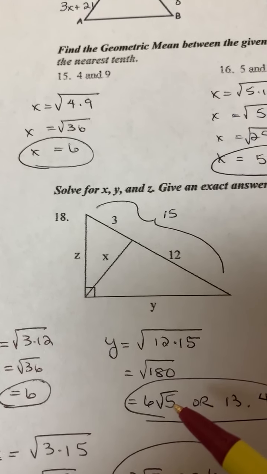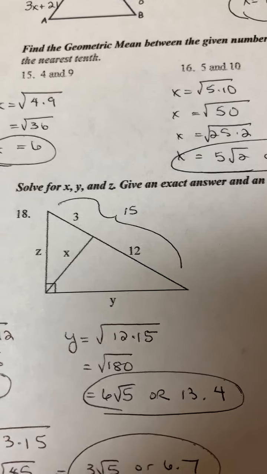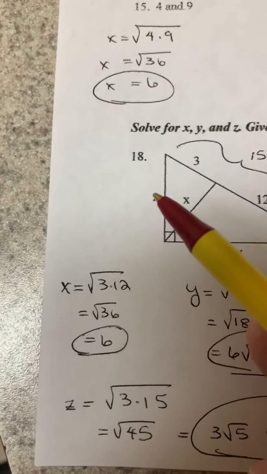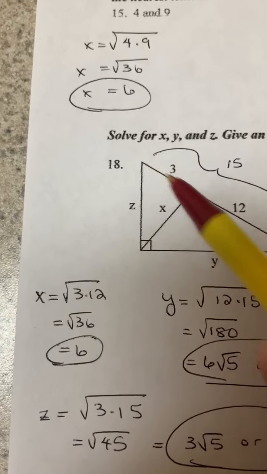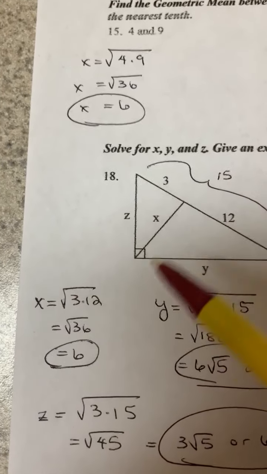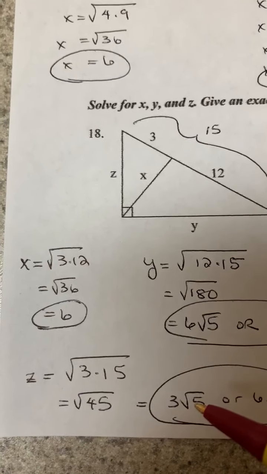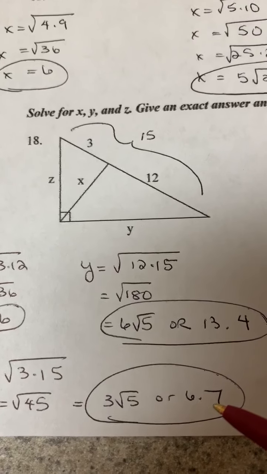The square root answer is 6 root 5, decimal 13.4. For letter Z, that's the part attached to Z, 3 times the entirety of 15. So 3 times 15 is 45. That breaks down to 3 root 5, or 6.7.